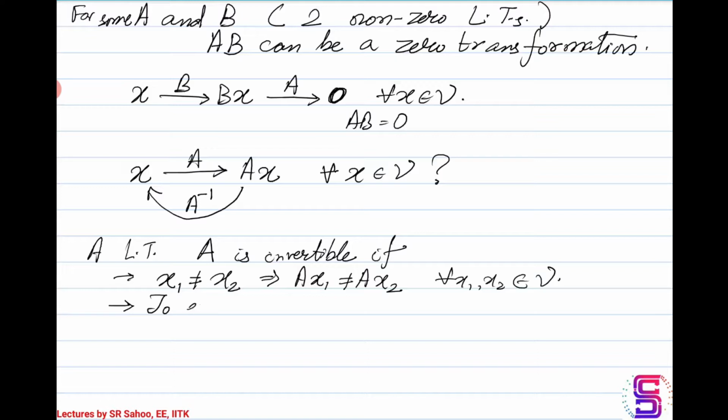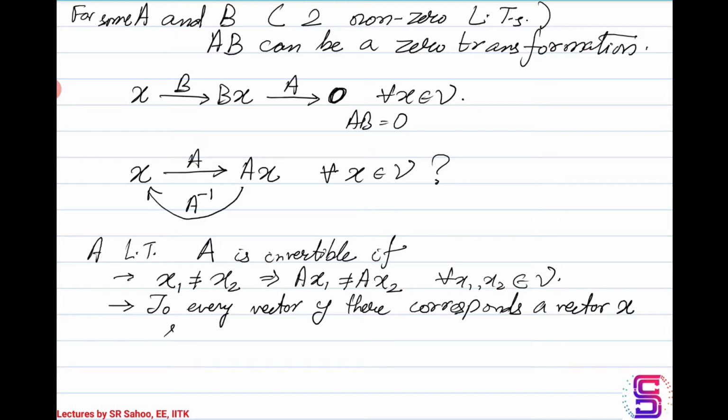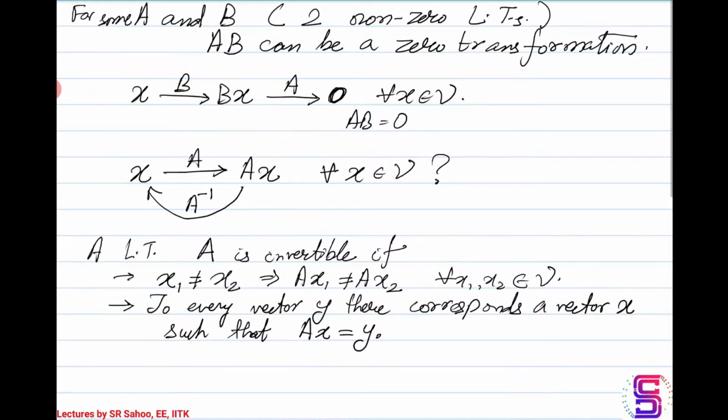So to every vector y there corresponds a vector x such that Ax is equal to y. The first one is the one-to-one condition and the second one is the onto condition.